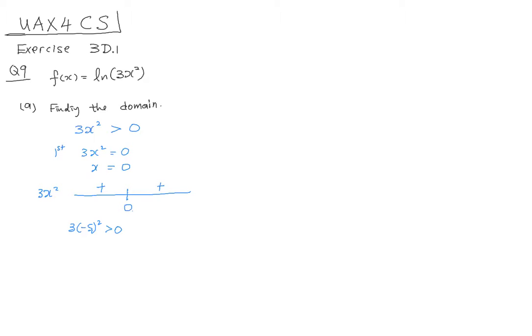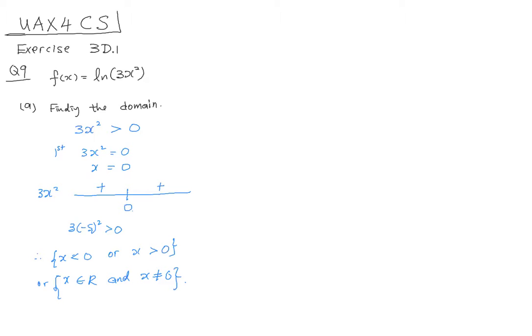Therefore the answer is x is less than 0 or x is more than 0. Or if you don't want, you can say x is a member of the real numbers and x cannot be 0. So this is two-way, either this or this.